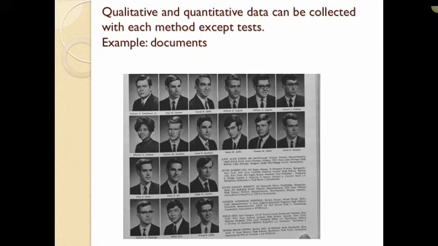So you were interested in answering the question, maybe, how did women of color experience an elite college during the civil rights era? And using yearbook data, that could help you to describe the experiences of women of color during the civil rights era. Or maybe you're interested in understanding why were MIT students less likely to engage in student protest movements during the 1960s. That would be another qualitative question you could answer using these yearbook data.